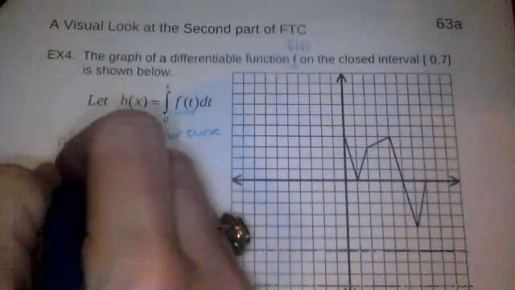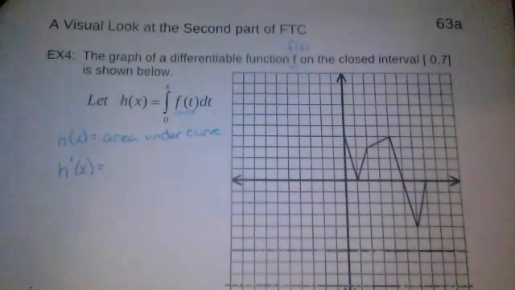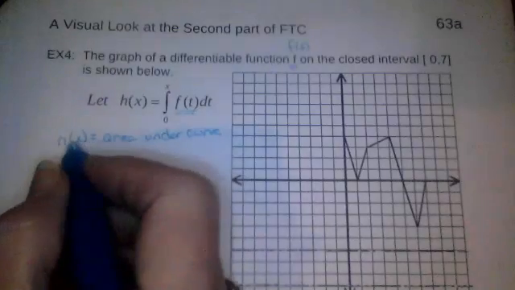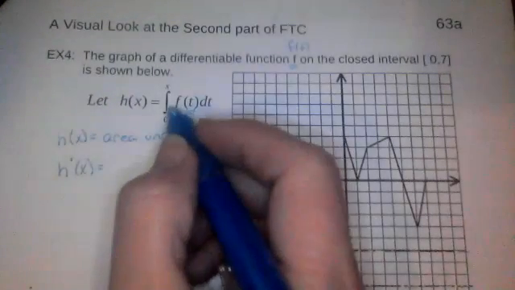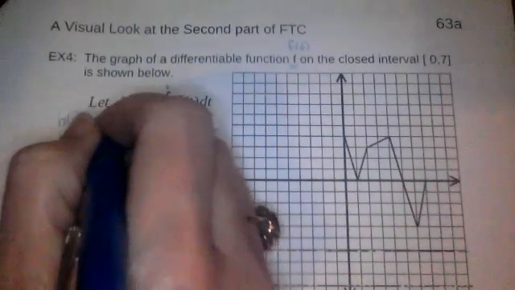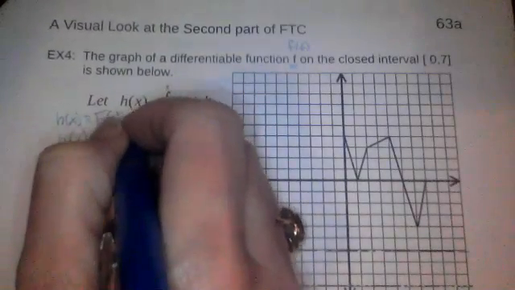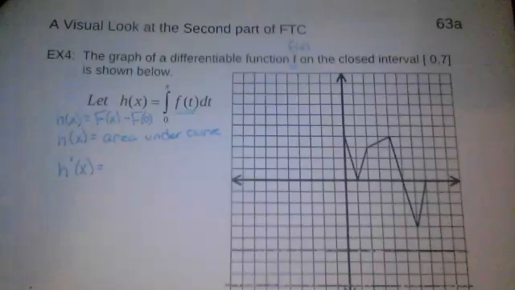So when I take the derivative of h, if h prime of x is what we're looking for, then remember back up here that h of x was equal to the integral, or h of x was F of x minus F of 0.